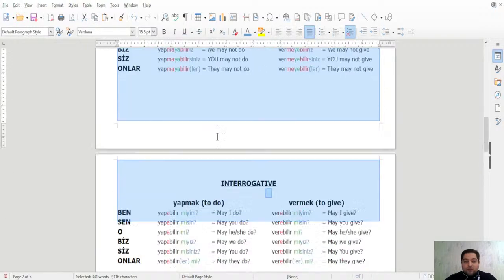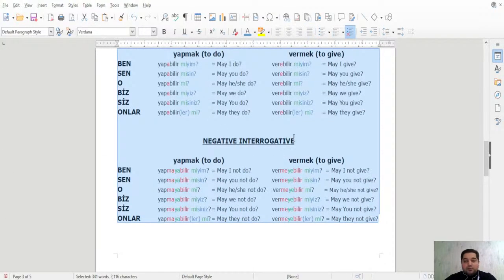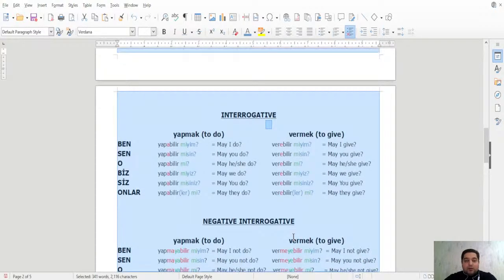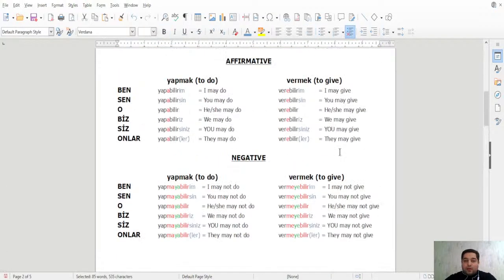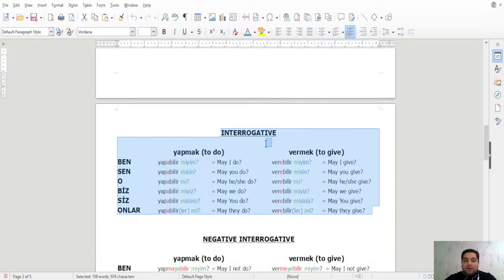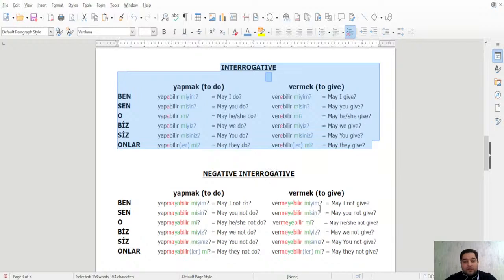You use these four to express possibility, permission, and request. And if you talk about ability, then interrogative and affirmative are the same, but the negative and negative interrogative are different. That's the only thing. That's the summary of this class.